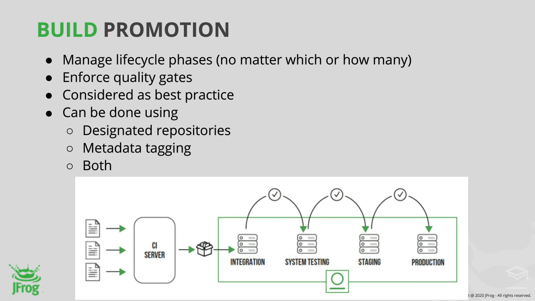So you can do that according to your life cycle on your development environment. And if you are choosing to use designated repositories, make sure that the naming convention also represents the life cycle phase. And we have a white paper on that. You can simply Google for Artifactory repository naming conventions, and you will hit that.